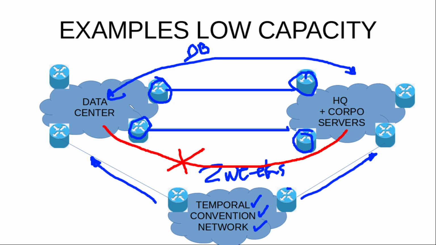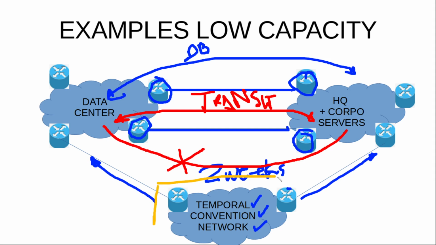You want to use these high capacity links and high capacity devices to always be used for transit. So one way of achieving this will be configuring this network as a stub network. With this, you will guarantee that under no circumstances this network will become a transit network.